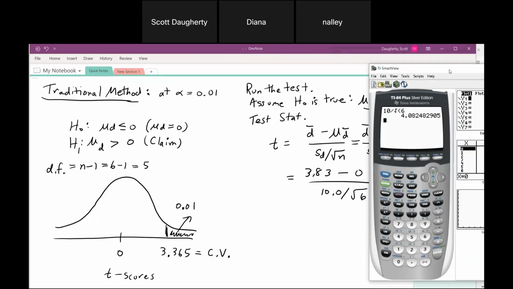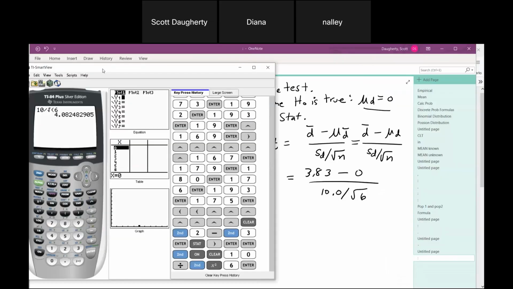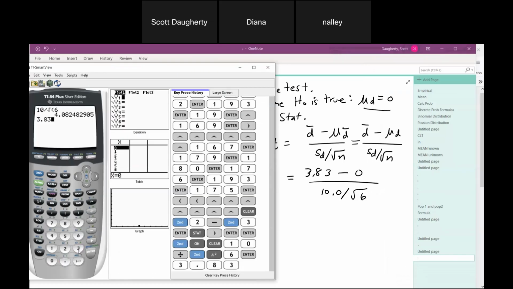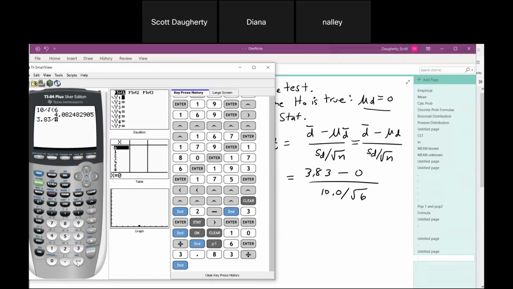So every 4.08 units constitutes a standard deviation. That's what the bottom number is. So if you're 3.83 away and you divide that by what a standard deviation is, we're not even one standard deviation away. We're about 0.38 standard deviations away. That's how far 3.83 is in terms of a standard deviation. And that's what the test statistic is telling us.